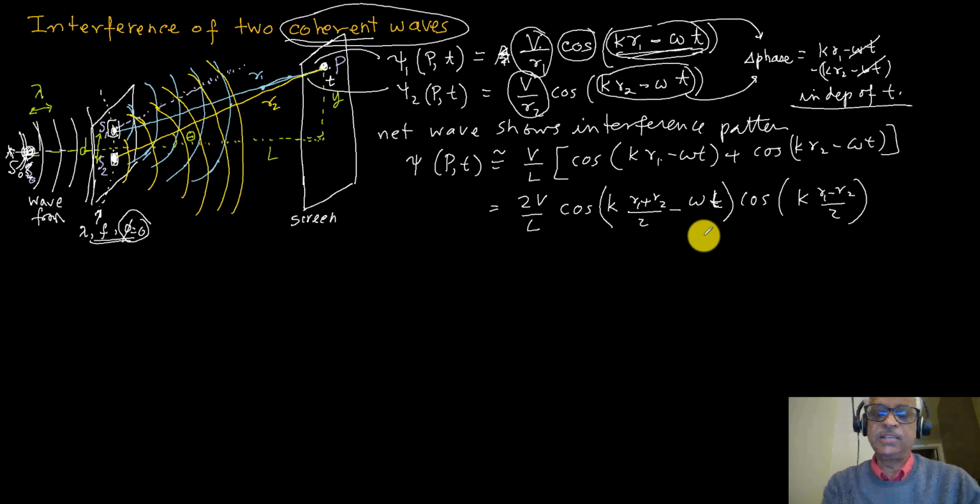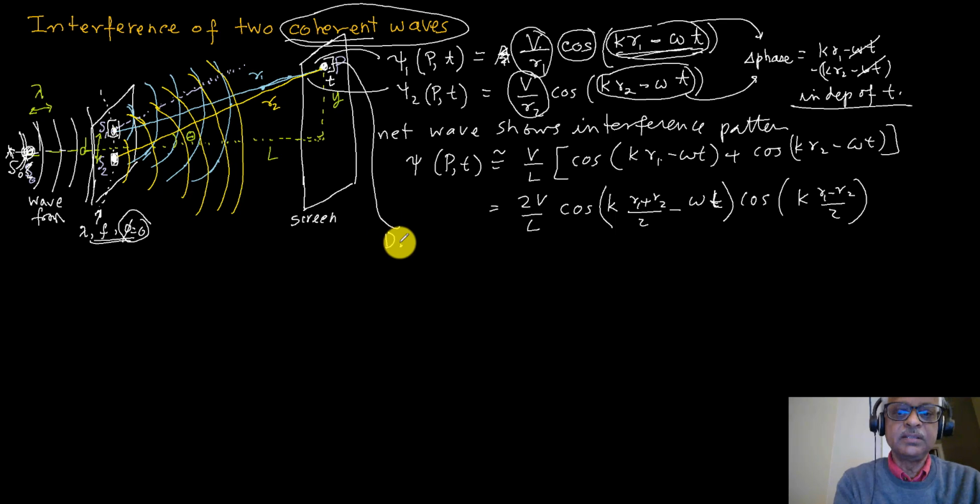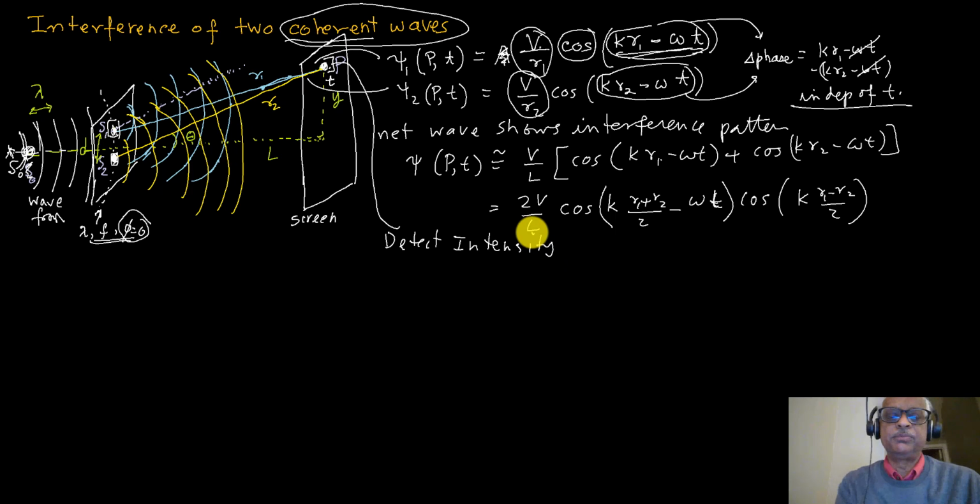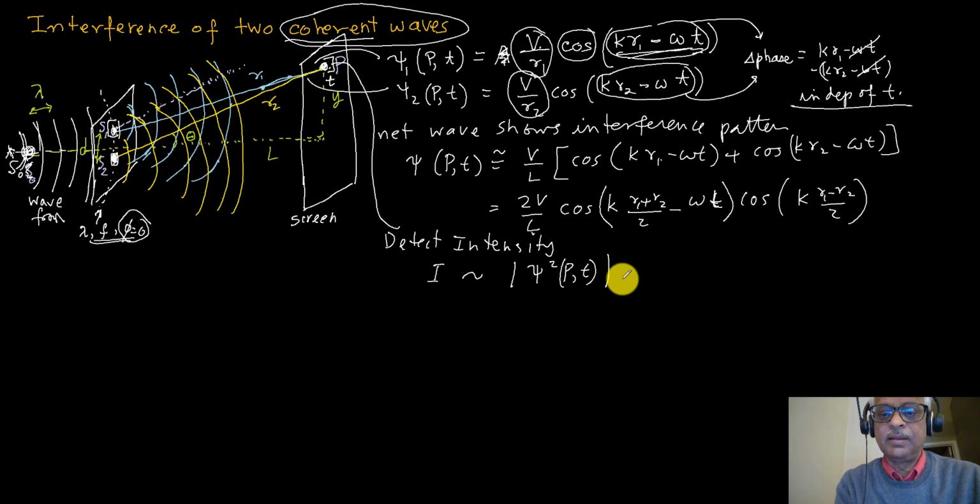What we observe here is, placing a detector, we detect intensity. You remember that intensity is proportional to psi squared at p and t, time averaged.